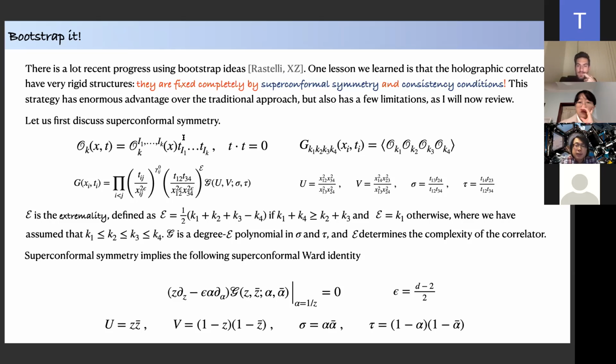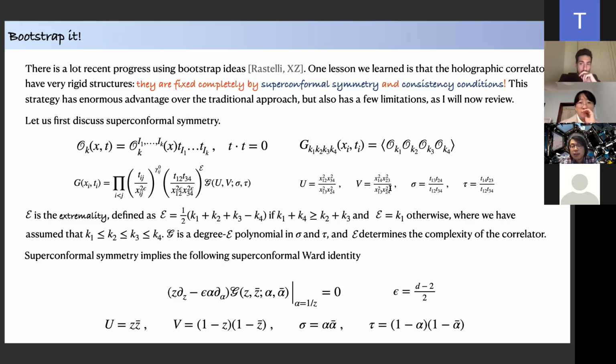Now all the indices are gone, and the 4-point function becomes a function not only of the spacetime coordinates x, but also of these coordinates for the R-symmetry part. Now we can use conformal symmetry and R-symmetry to extract a kinematic factor. And then the 4-point function is written as a function of the cross ratios.